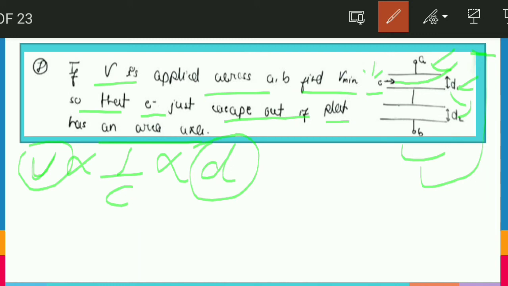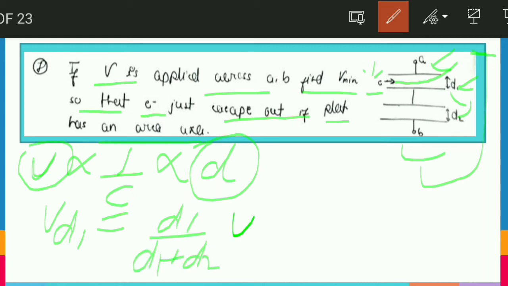From the ratio rule, can we write that V1, the potential that the capacitor having separation d1 gets, equals d1 upon d1 plus d2 times V.